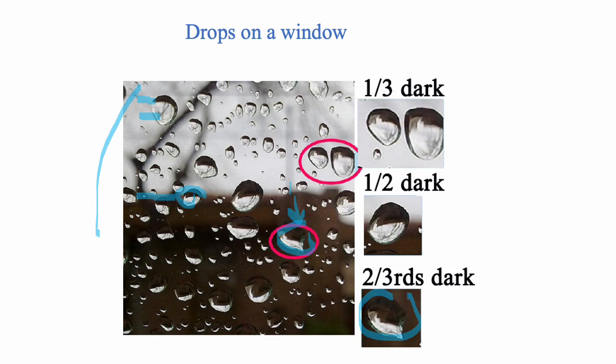And if we go up the same distance, we can find these drops that are 1/3 dark and 2/3 light. So basically, they start half and half at the horizon, and then you get more light areas as you go up, and you get more dark areas as you go down.